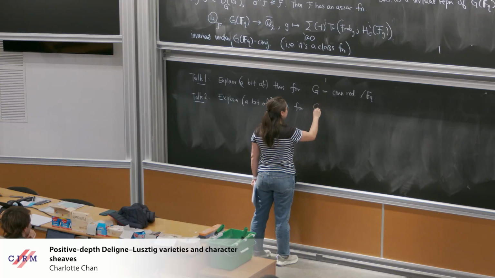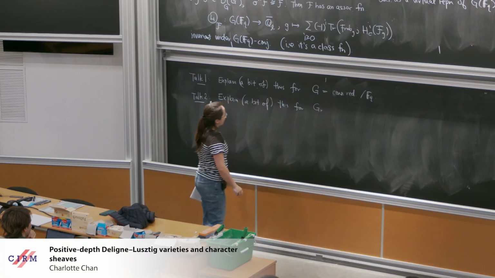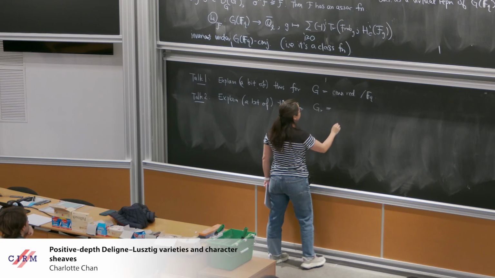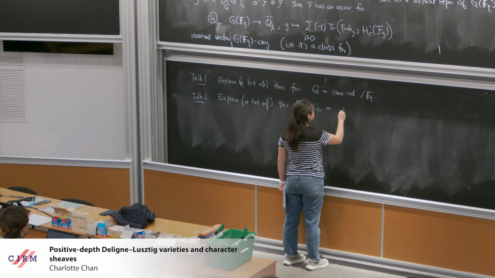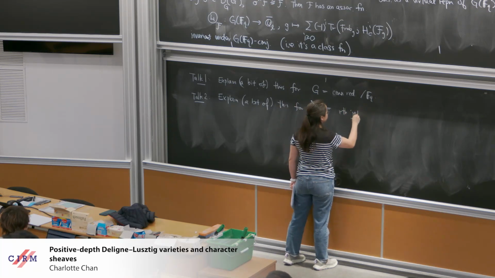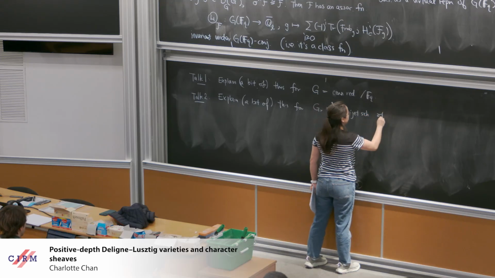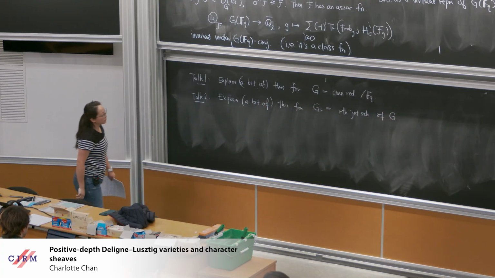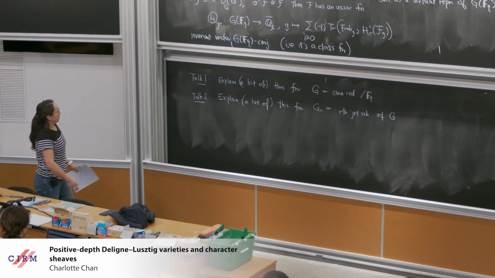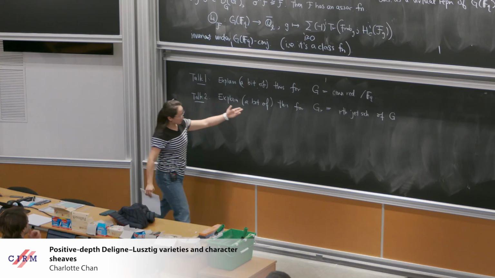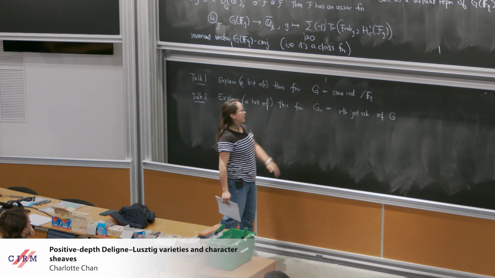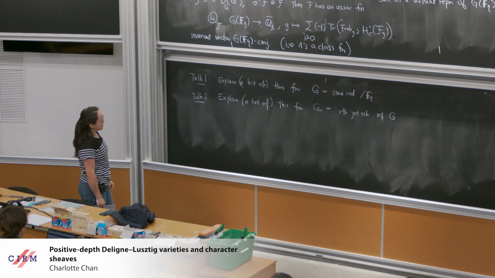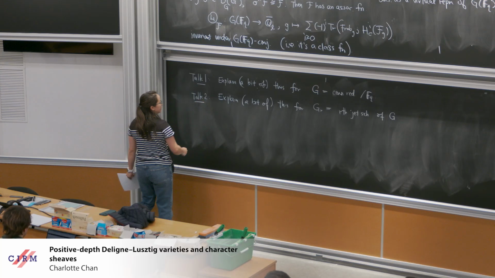So I'll write it in the way that for GR, where GR is, I will say what this is tomorrow, the Arth-Jet scheme of G, where G is connective reductive over FQ. Talk number 2 actually works in more generality than just this setting, but I find that this is an easy way to exposit this subject.